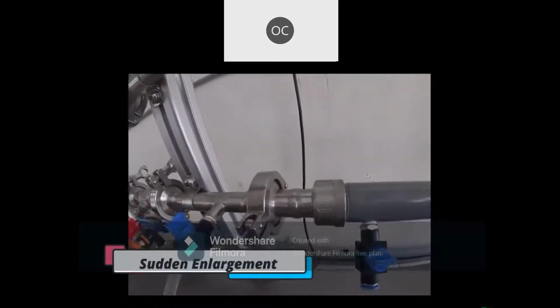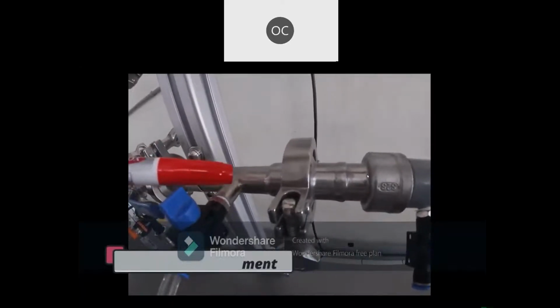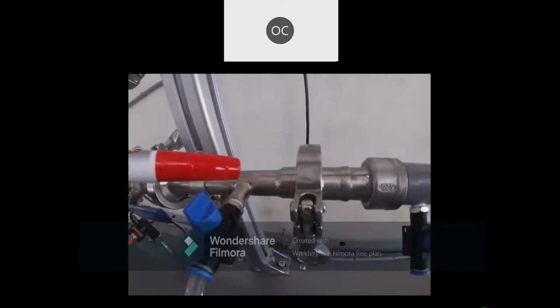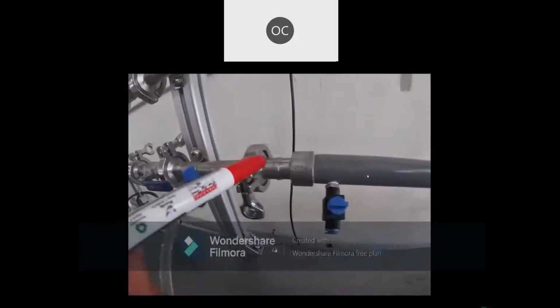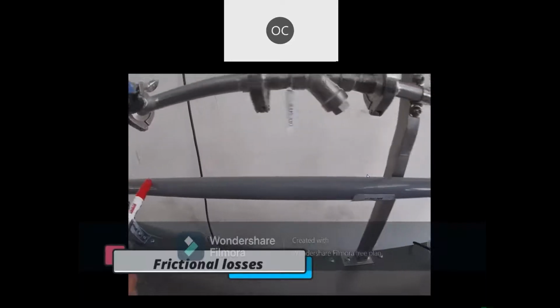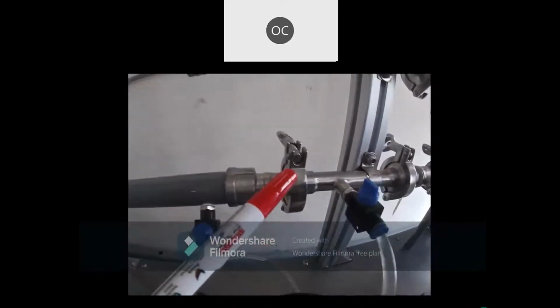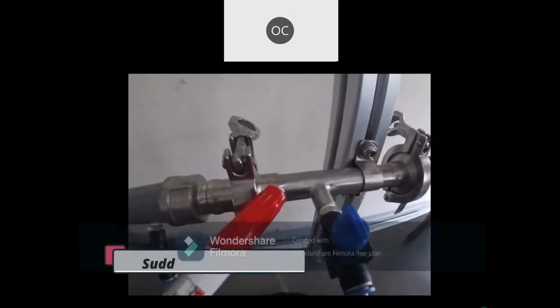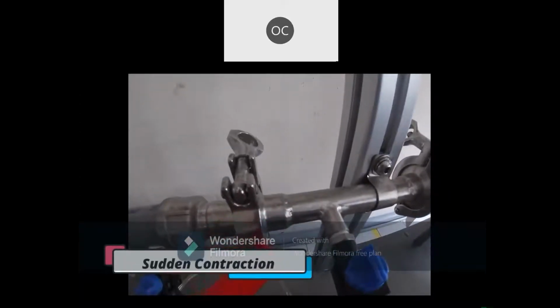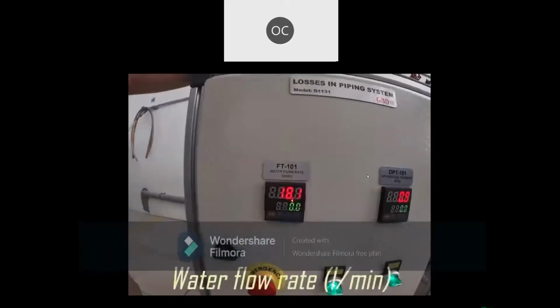Actually, in this experiment we can have another setup, which will be enlargement. If you enlarge your pipeline, what will actually happen? But the subject of interest here will be the friction losses currently. Then suddenly a contraction happens again, that means from a bigger diameter we shrink it into a smaller diameter.